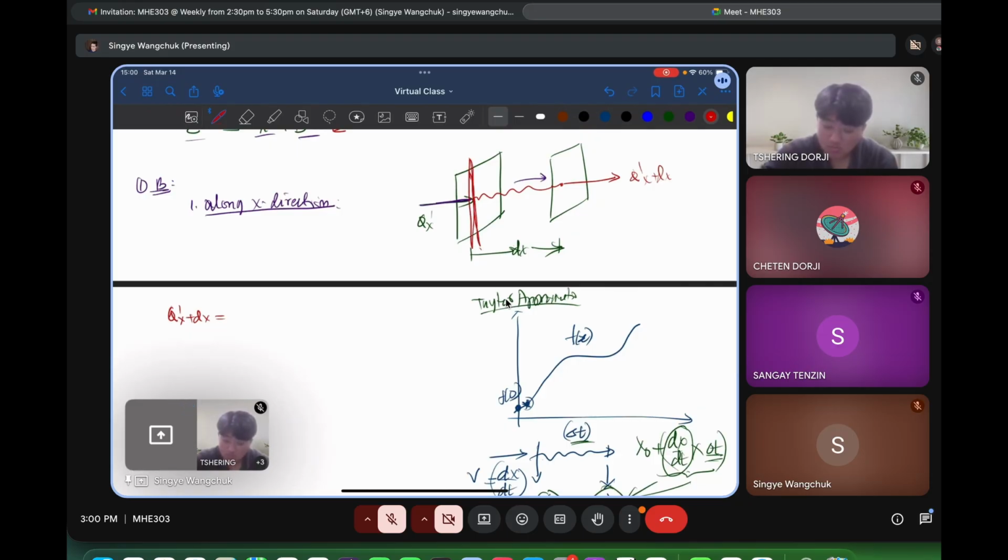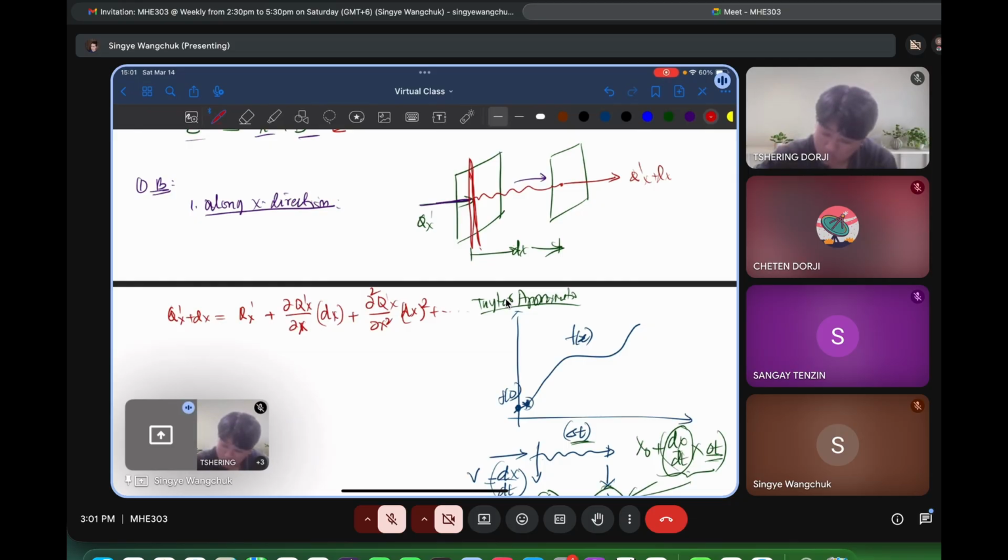At this we have q dash x plus the derivative of q dash x with respect to x times dx, plus the second derivative times dx whole squared, plus so on.